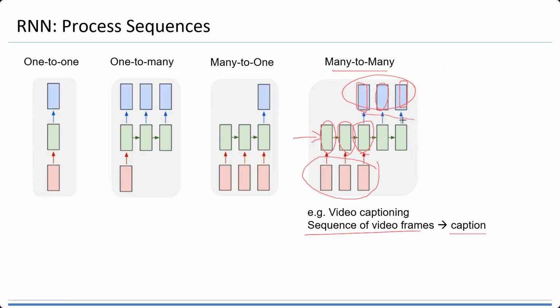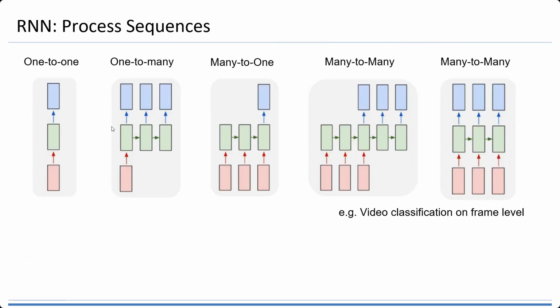The captioning is not only one single class, but it is a text. For example, playing soccer in the green grass. Then there will be more than one output. And we can have many to many with this kind of structure.